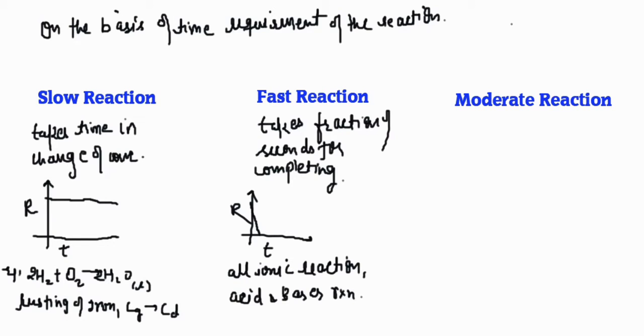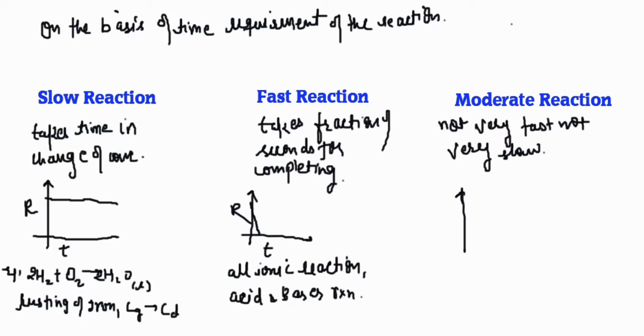These are not very fast and not very slow. We prefer to study this type of reaction. If we draw the concentration of reactant versus time, it gives this type of curve.